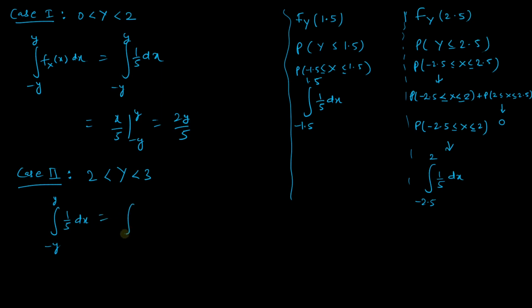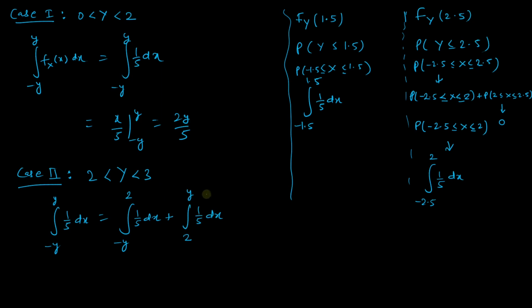Now we can always break this down into two parts: the integral from minus y to 2 of 1 by 5 dx, plus the integral from 2 to y of 1 by 5 dx.